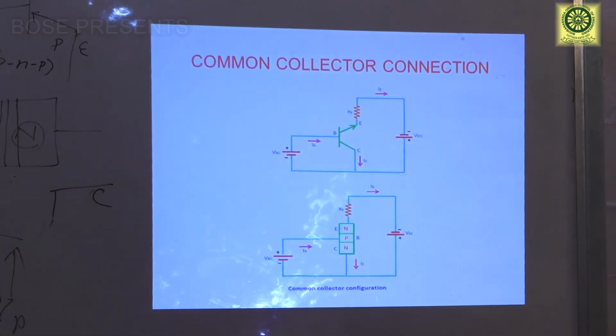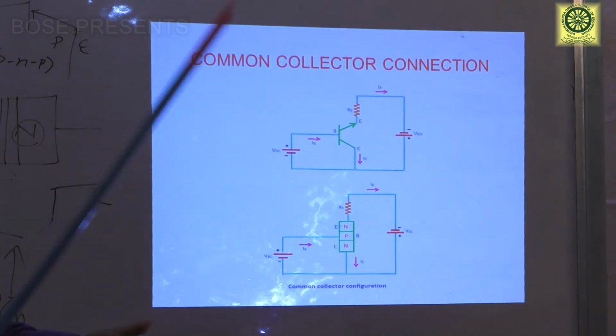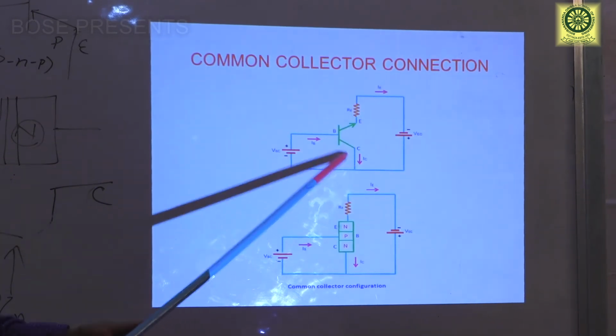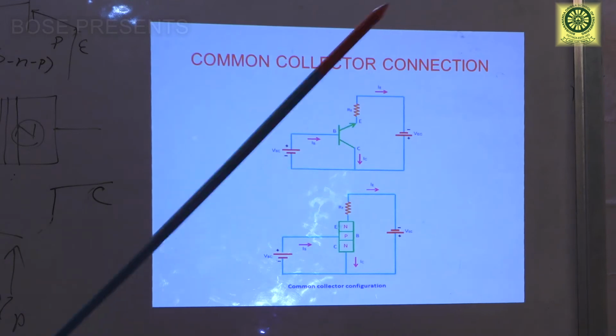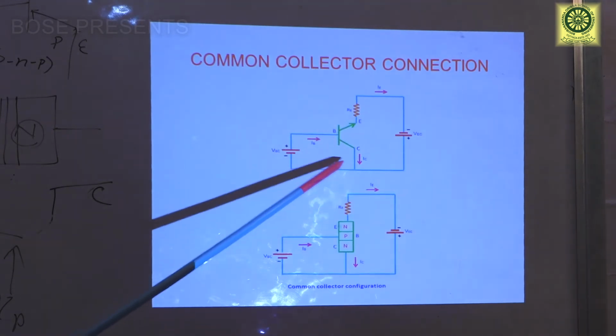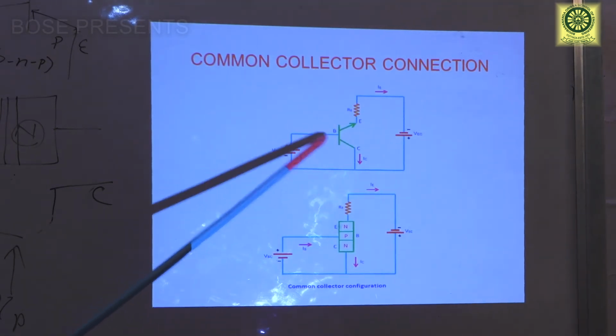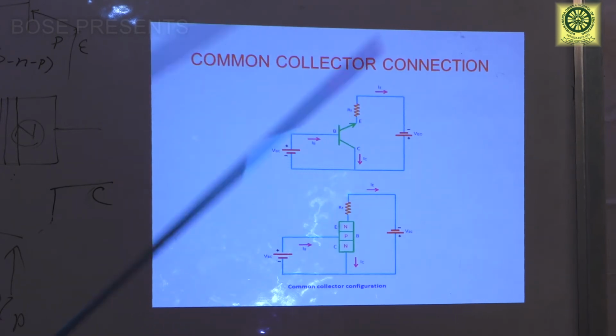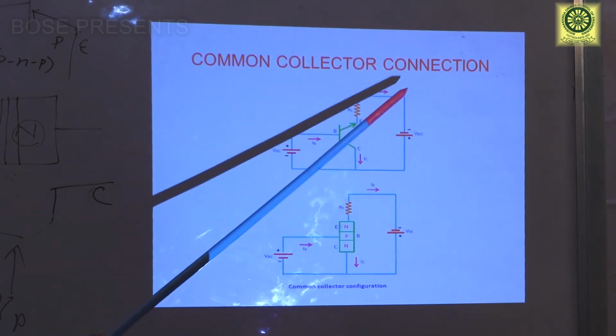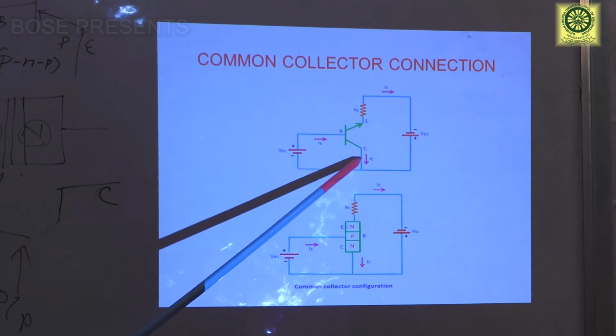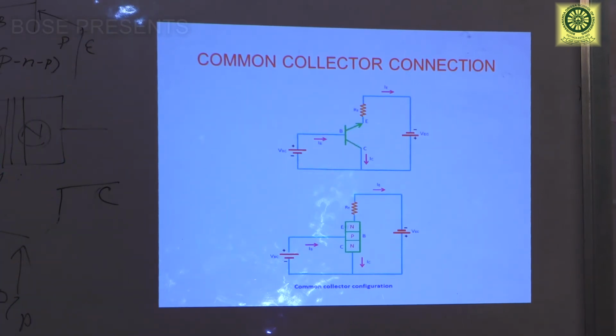So the collector is common to both input and output. When we are giving the input, the collector is present, and when we are taking the output, between emitter and collector, the collector is also present. So this configuration is common collector configuration.